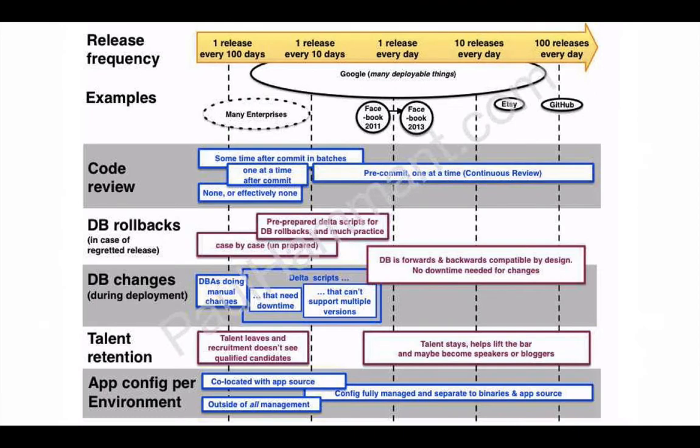Code review: continuous review is the best practice, but in some companies there's none, or it's sporadic, and can be cause of much angst for the people that will be dragged into code review sessions. Database changes are important: rollbacks, roll forwards, the way the changes are handled, delta scripts.